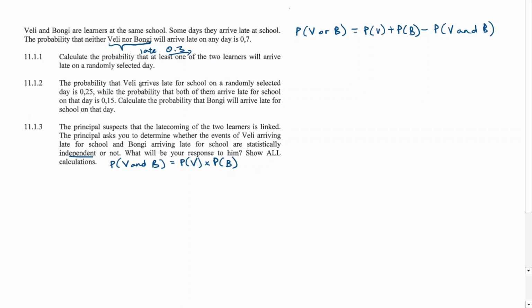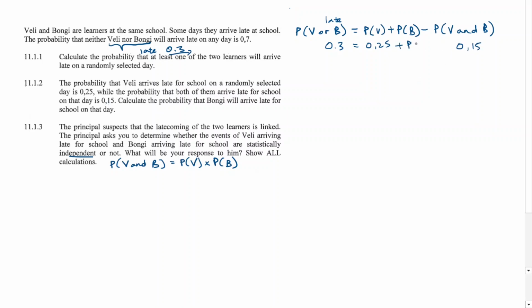The probability that Veli arrives late for school is 0.25. So this is their lateness. The probability that either of them is late is 0.3. The probability that Veli is late is 0.25. The probability that both of them, Veli and Bongi, are late is 0.15.